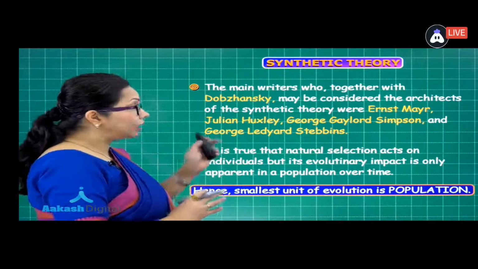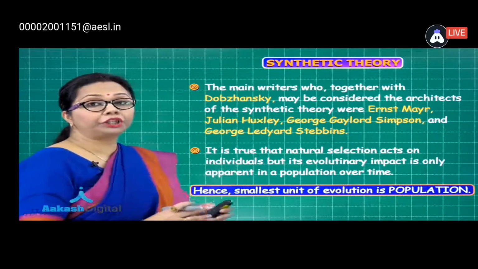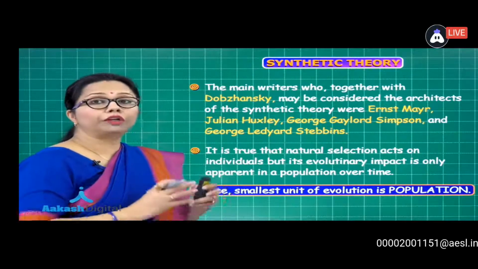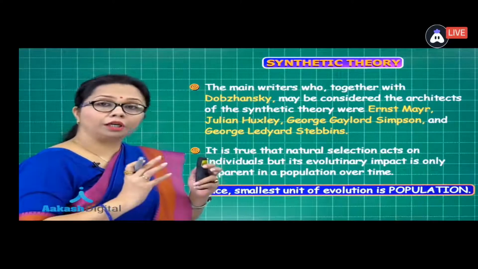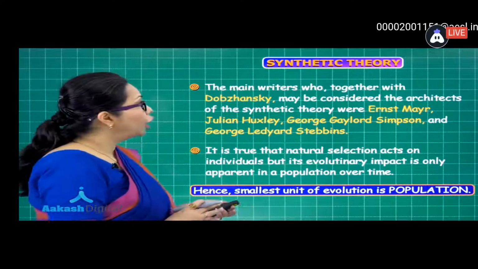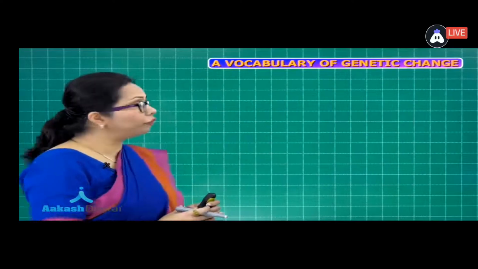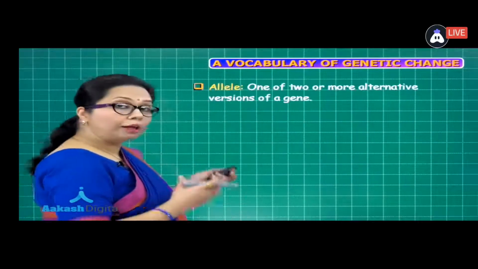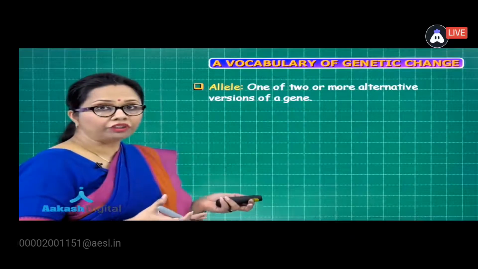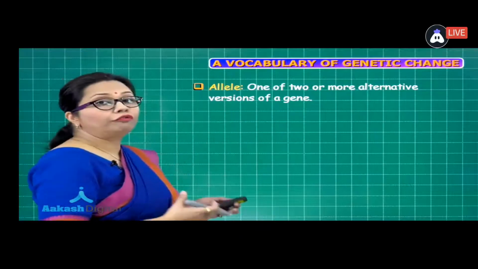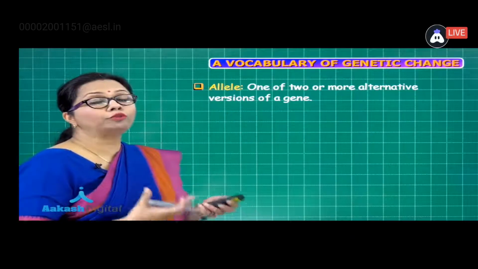Now, since we have talked about integration of genetics along with evolution, first of all, we have to be very clear about certain terms that we'll be using again and again. So we'll begin with the vocabulary of genetic change. Some of these terms you have already studied with genetics, but anyway, this would be a quick revision. So allele, which is the different forms of a gene.